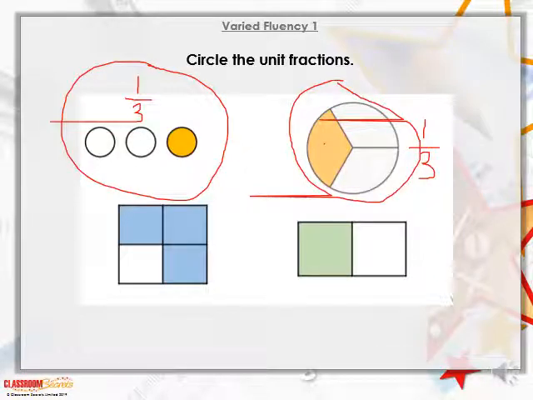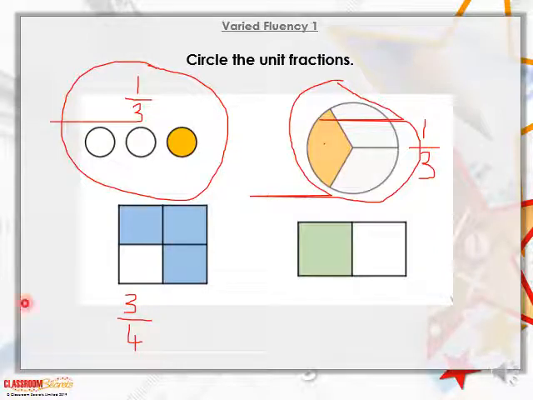Okay, so moving on to look at this shape down here. This shape has been split into 4 equal parts. 1, 2, 3, 4. So our denominator is 4. And then we can see that 3 parts have been shaded in. So we've got 3 out of 4, or 3/4. So I cannot circle that shape.